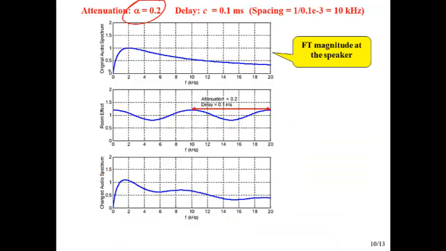Now let's go back to our small value of alpha, but now we're going to have 0.1 milliseconds instead of 0.5 milliseconds. So we'll have a shorter delay. And so now you'll notice that the spacing between the peaks is 10 kilohertz.